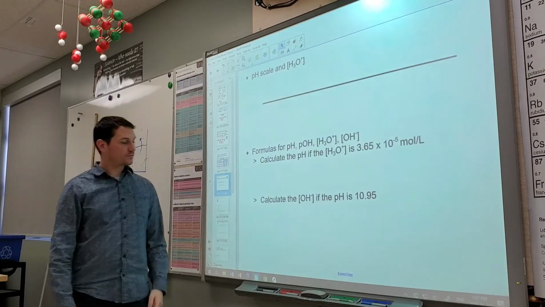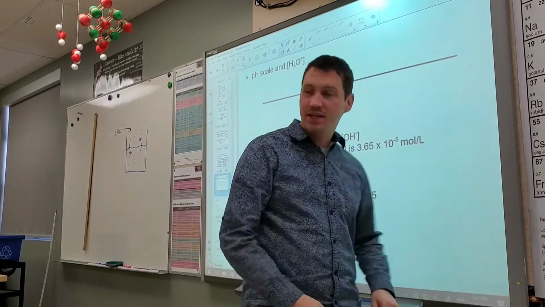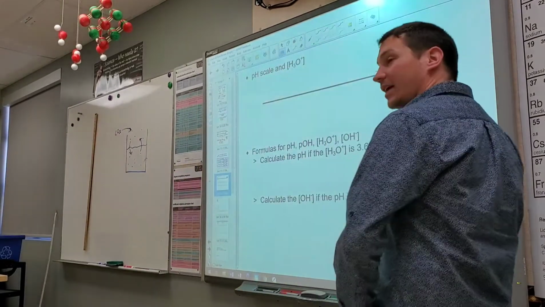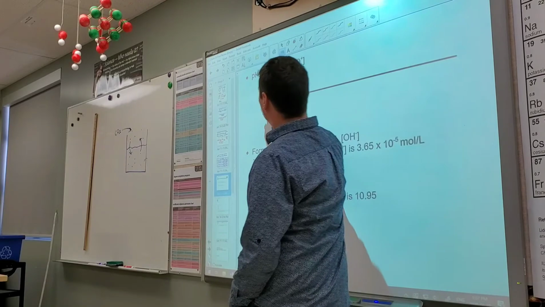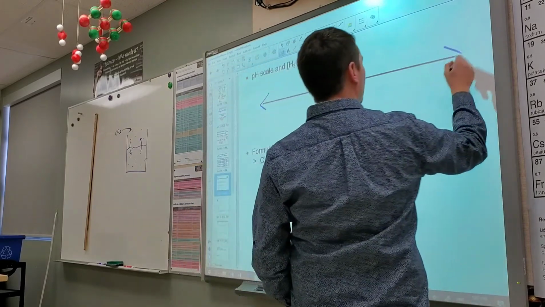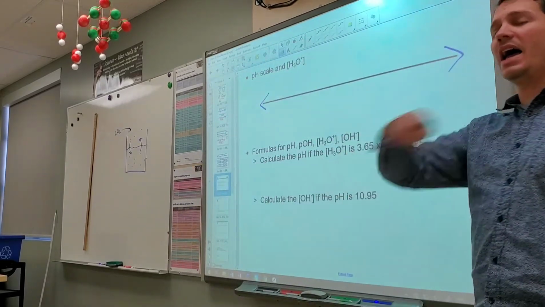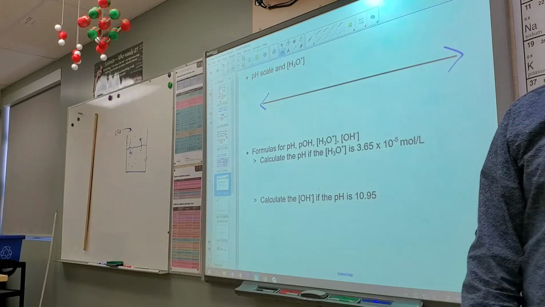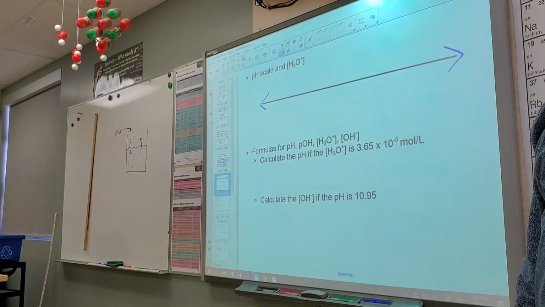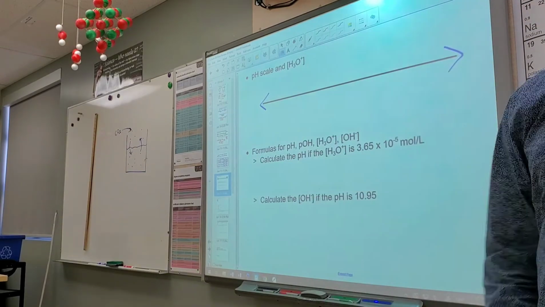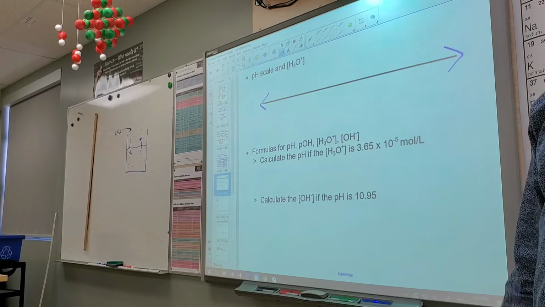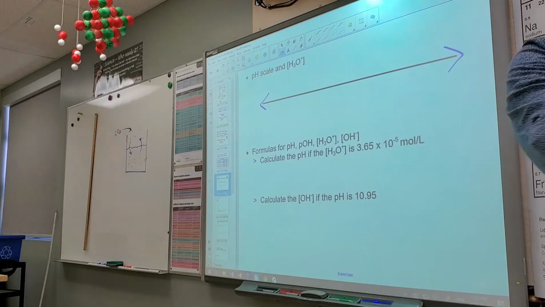Okay. Do you remember the pH scale at all? Here's our pH scale. What's the highest and lowest values on our pH scale? Trick question. It keeps going in both directions, doesn't it?